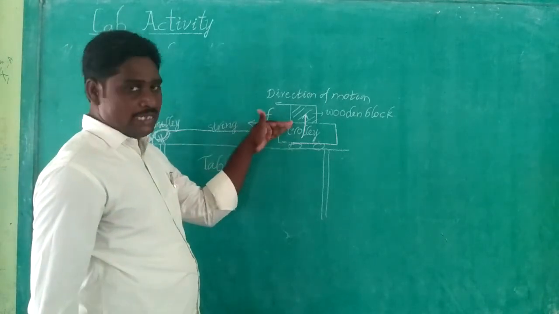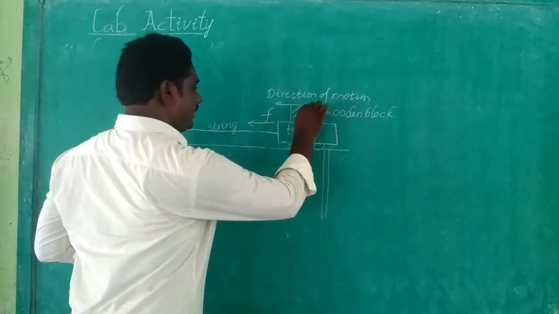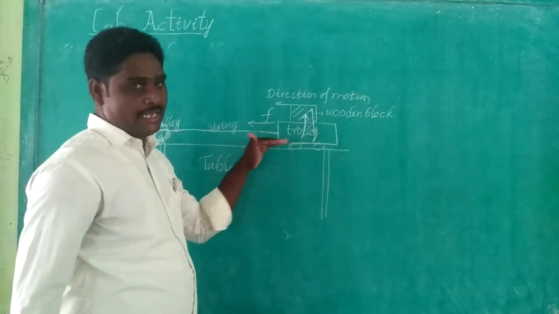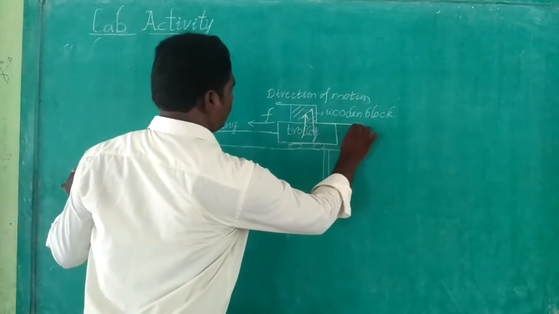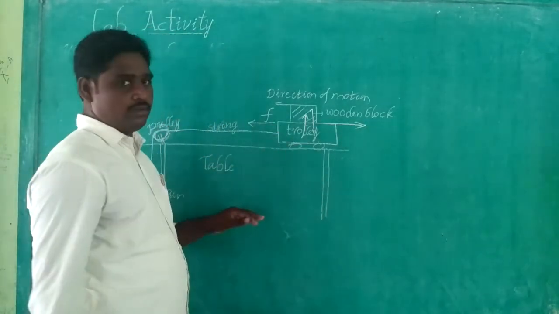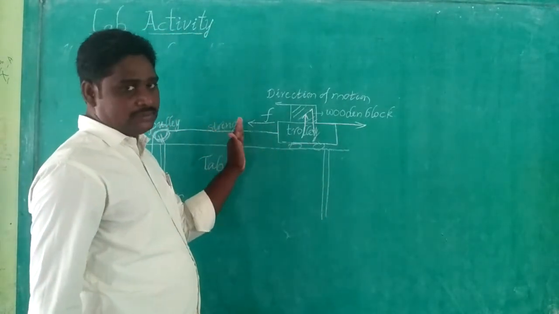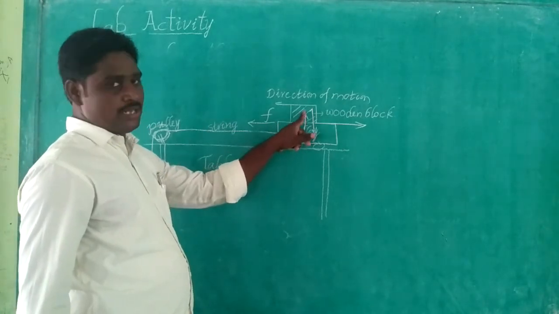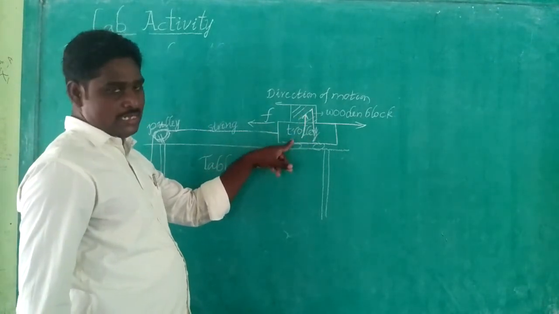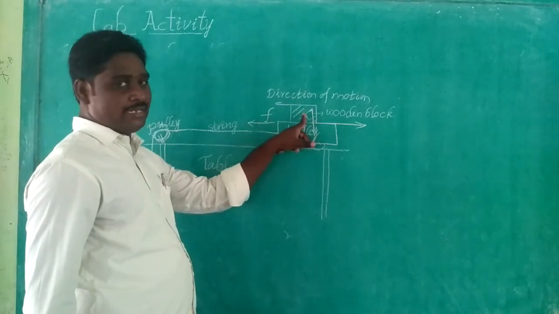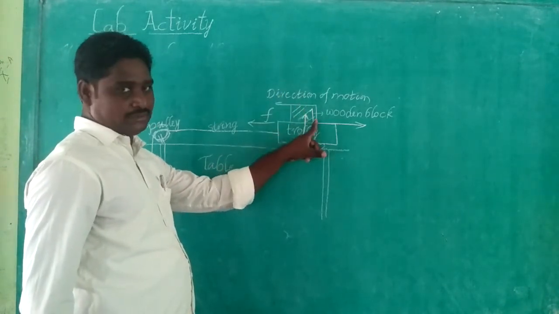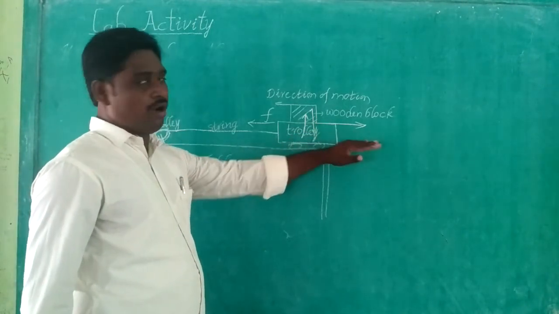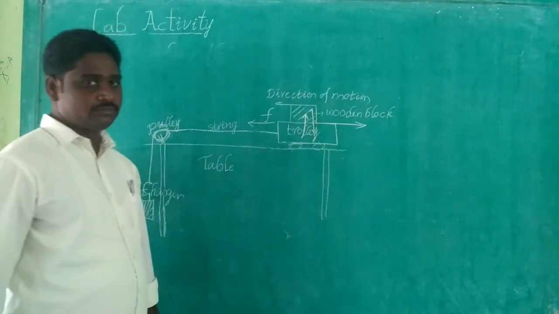But at the same time, the wooden plank also exerts a force on the surface of the trolley, but in quite the opposite direction. Okay, students, there are two kinds of forces. First, the force of friction exerted on the wooden plank by the surface of the trolley. At the same time, the wooden plank also exerts a force on the surface of the trolley in the opposite direction.